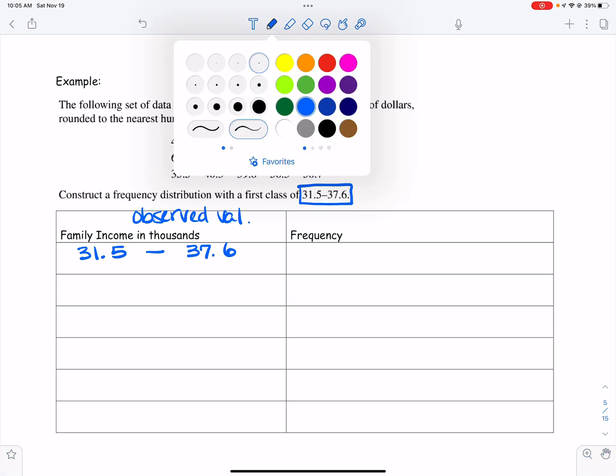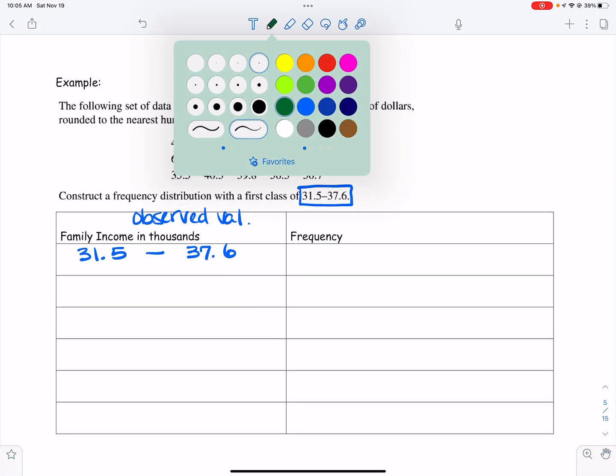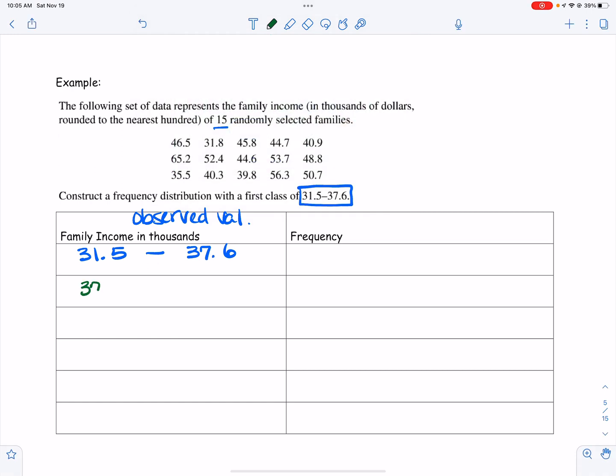So the next class will start at 37.7. Okay, we'll start at 37.7.